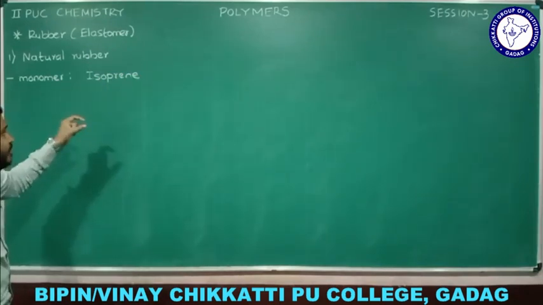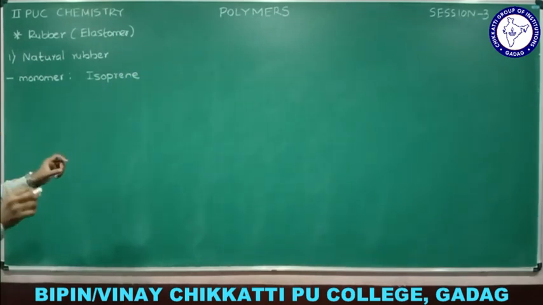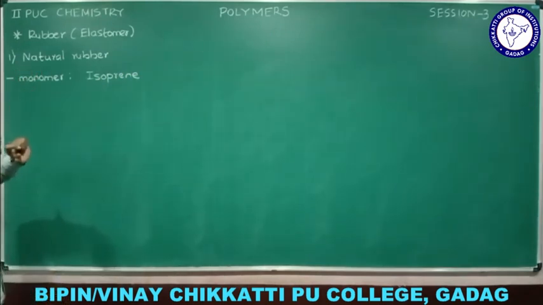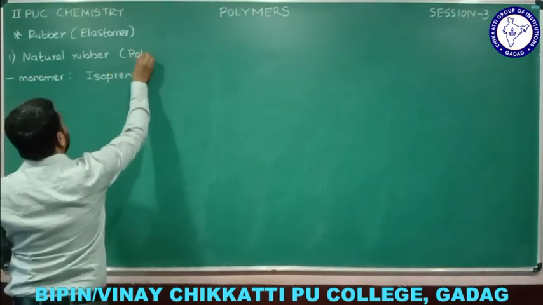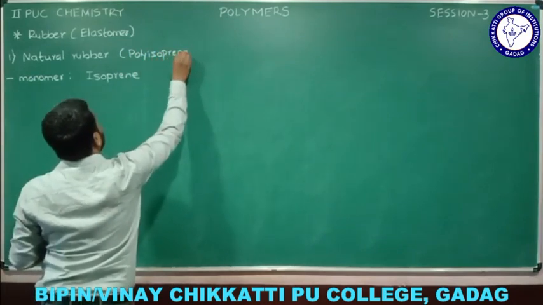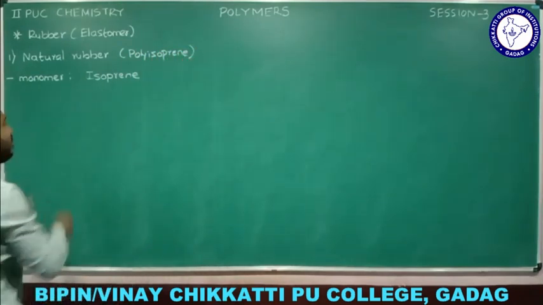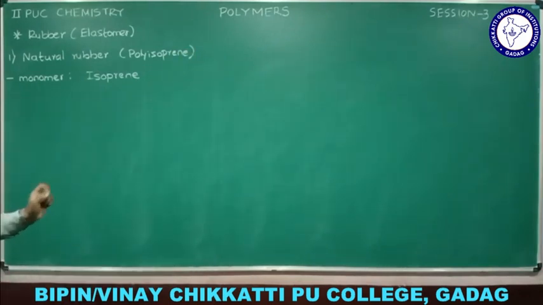So isoprene will combine with more isoprene and you will get a polymer, and that we call natural rubber. One more name I can write here is polyisoprene. So try to know, polyisoprene is nothing but natural rubber, and the monomer is isoprene.